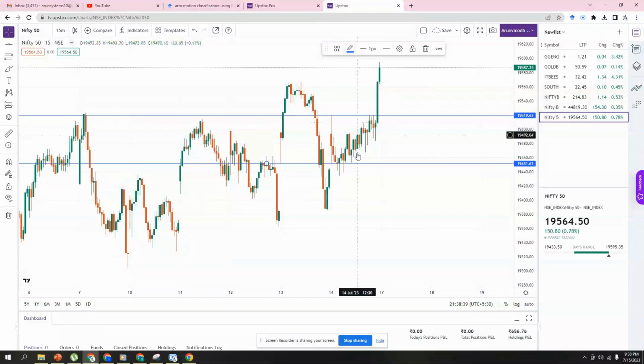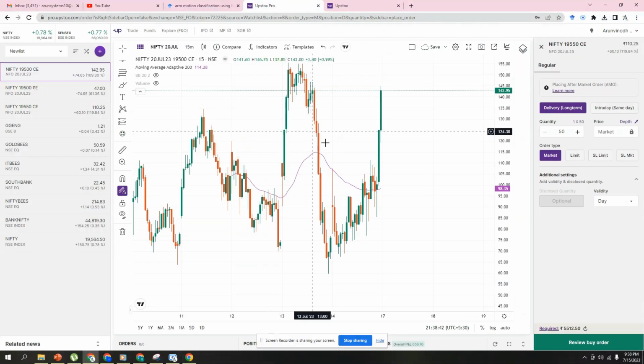At what time does it actually break out? 3 o'clock, right? So huge breakout, starting from here. Let's say around 107 it breaks and it went up to, my god, 30 to 40 points. So it's a huge profit, right?